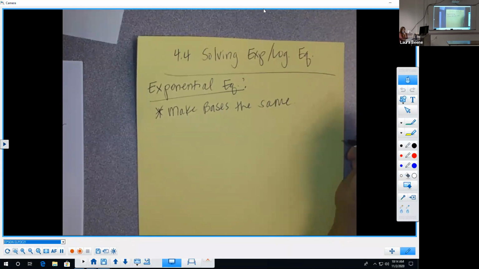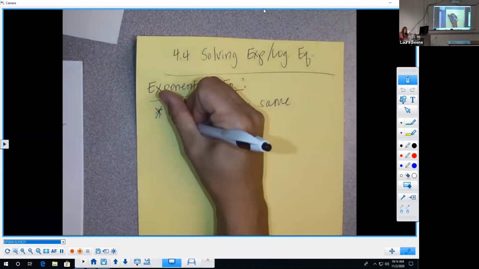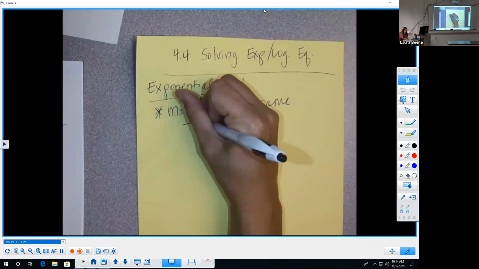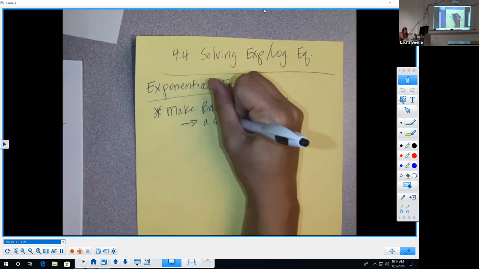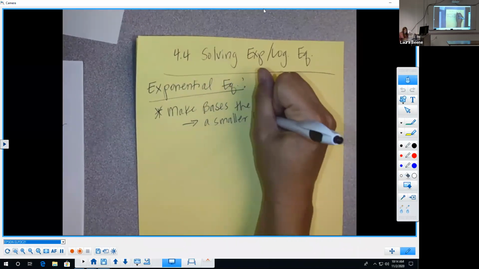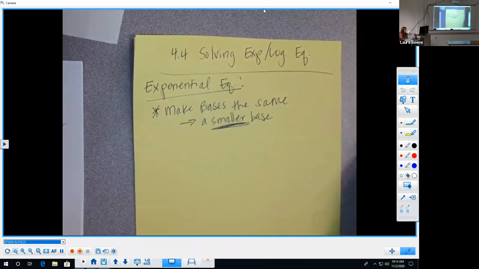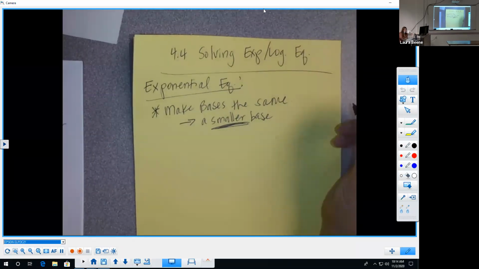Again, this is kind of a lot of information at the beginning since you haven't even seen a problem, but usually we turn it into a smaller base. Lots of times people try to make something into a bigger base, but actually we're turning things into a smaller base.